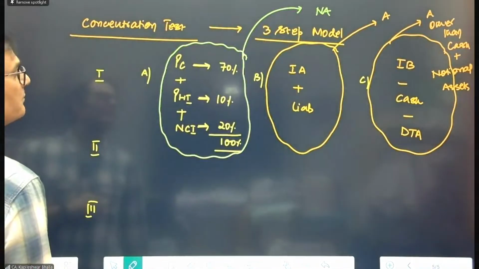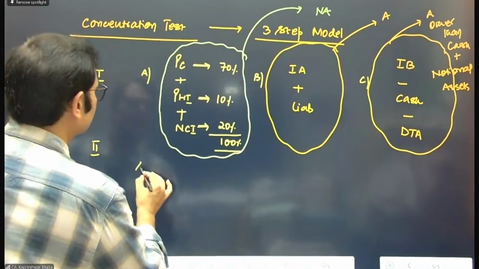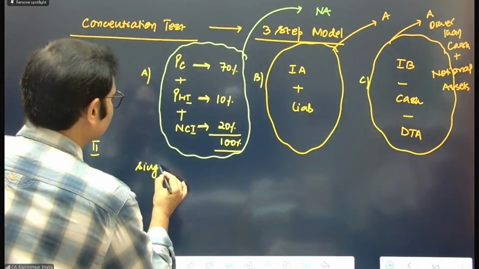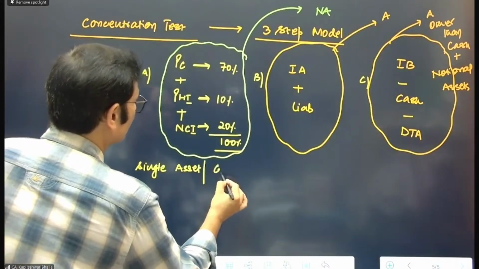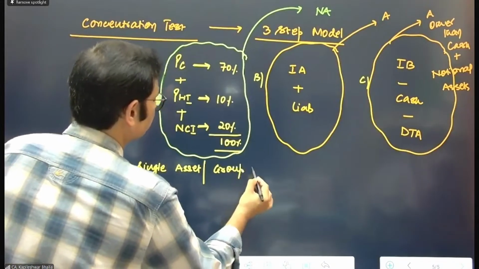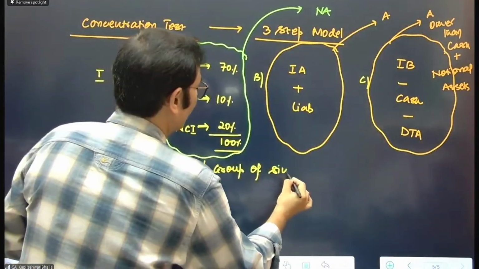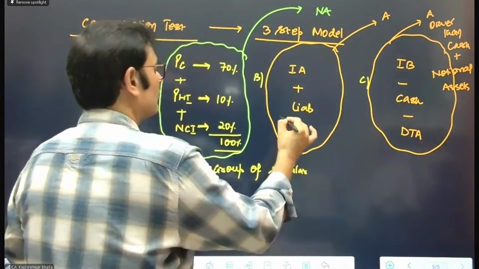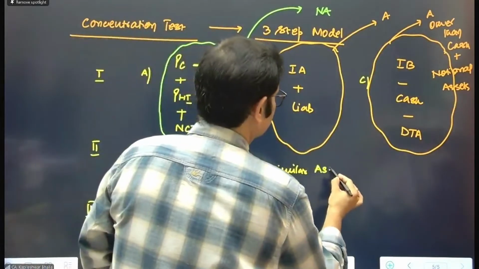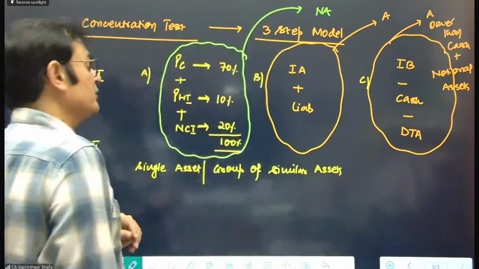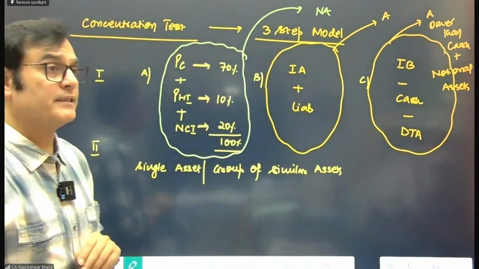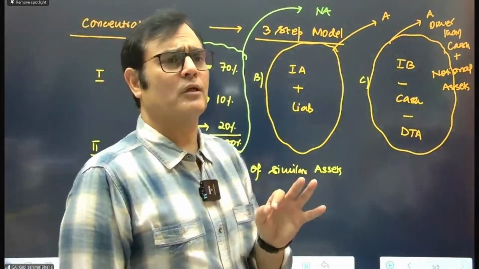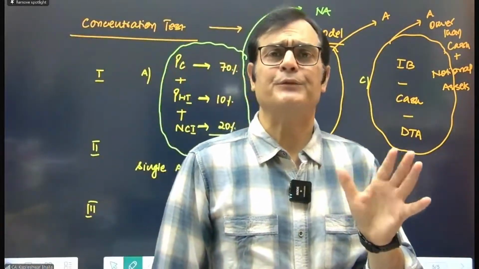In step number 2, you need to identify a single asset, or a group of similar assets, which has the highest fair value.